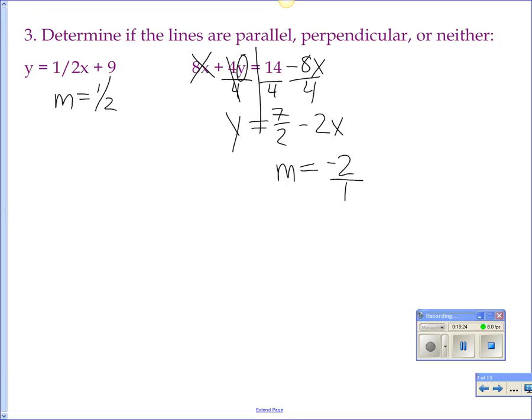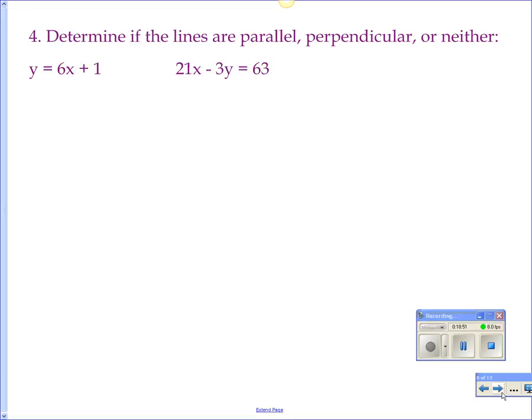Can you put it over 1? You can, okay? So what's the answer to this one? Perpendicular. The symbol for perpendicular is that. That's the symbol for perpendicular. That symbol right there.